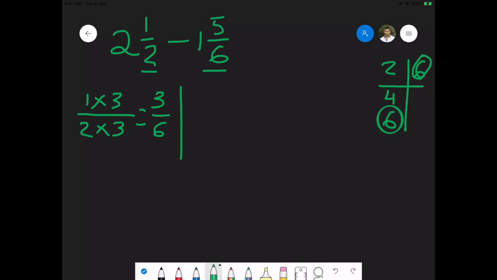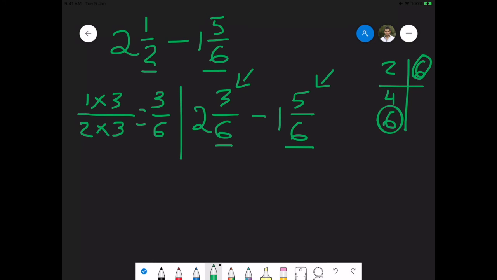Now with the new denominators, I have 2 and 3 out of 6 minus 1 and 5 out of 6. So let's take care of the fractions first and see what's going on. I have to take out 5 out of 6 from 3 out of 6. So the numerator in the first fraction is smaller than the one from here.